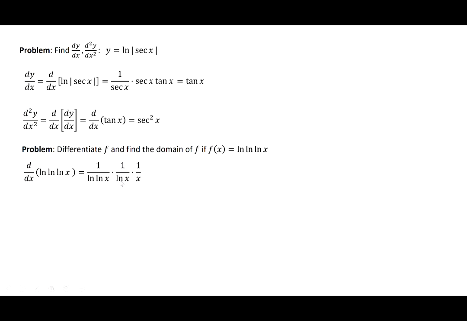So 1 over u1 times the derivative of u1 itself, that is the derivative of natural log of x itself, that is 1 over x. You see how we split this? First, we looked at this as natural log of u1. What is u1 consisting of? It consists of natural log of some u2. And u2 is natural log of x and its derivative is 1 over x, like that. Cool.